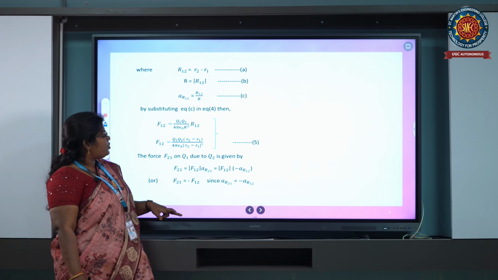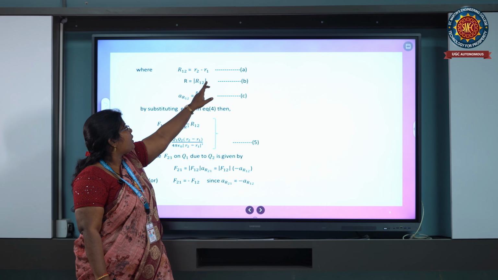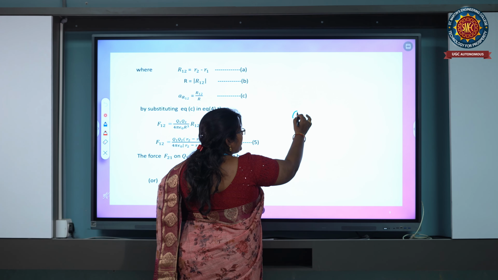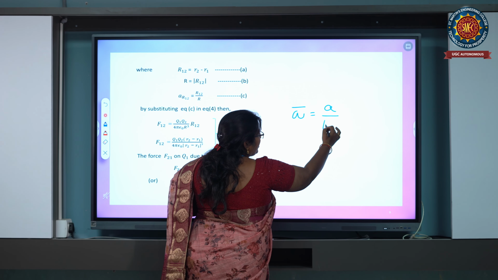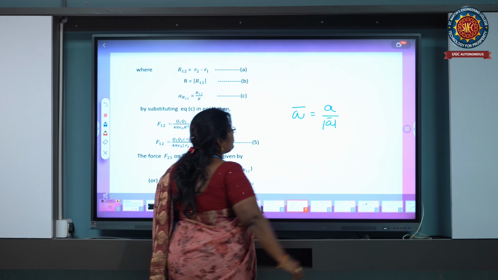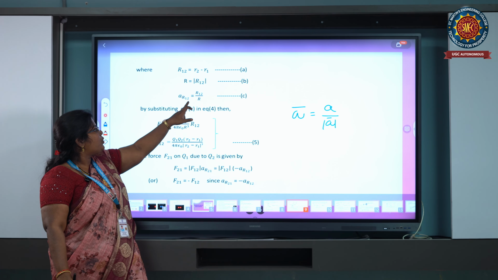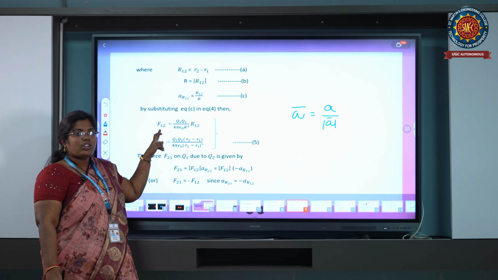Next, by substituting the vector notation R2 minus R1, we can find the unit vector A bar, where A bar equals A by mod A. So A12 is nothing but R12 by R. Substitute this in Coulomb's law.